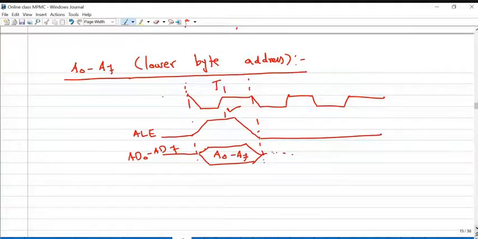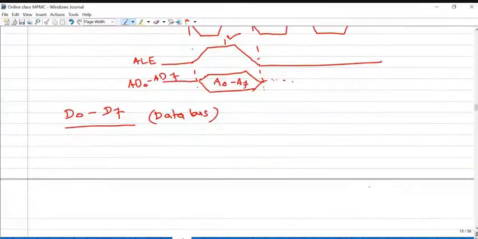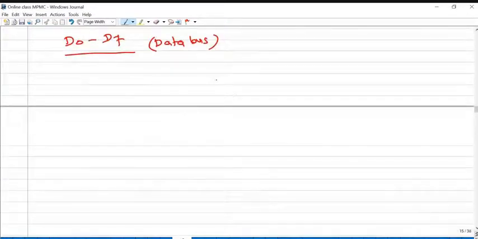Next, the data bus, D0 to D7. This is called the data bus. Between T2 and T3, AD0 to AD7 can be used as D0 to D7, carrying the data. There is a small difference between read and write operations.